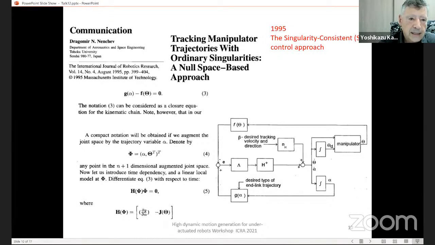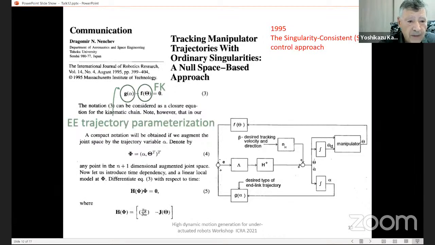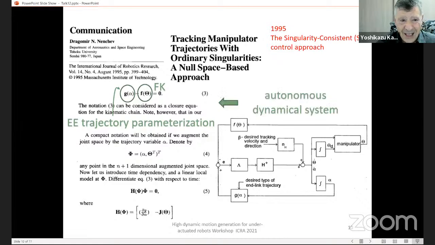You will understand from equation number 3: this is the forward kinematics function, and you have an end effector path that is parameterized by parameter alpha. I wrote this equation with end effector parameterization, and you see that this is not directly dependent on time, so it is an autonomous dynamical system in form.